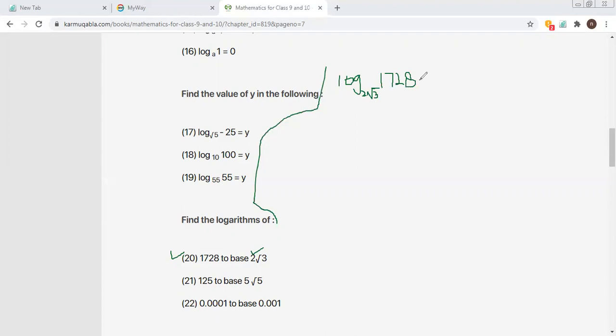On right hand side there is no term, so we will assume x as the right hand side term. Is there any confusion, class?